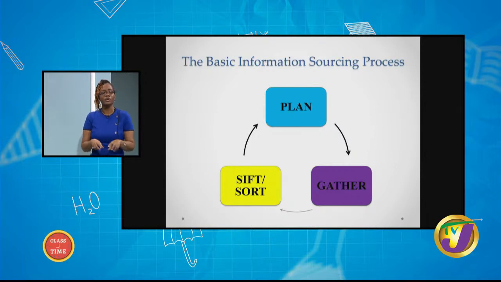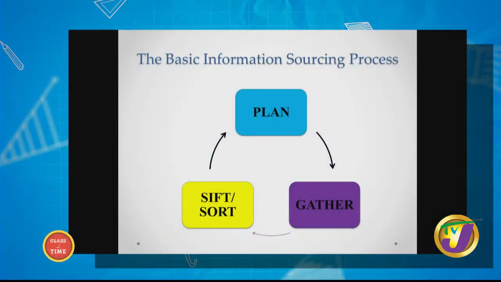Now, once you've done all of that, your job is now to sift and sort. Sift and sort. So you will go through and determine, what do I need to keep? What speaks directly to what I am doing? Do I need to return to the planning stage? Or is the information sufficient to do what I need to do, to present what I need to present? Is the information sufficient to provide me with the answers to the questions that I have?